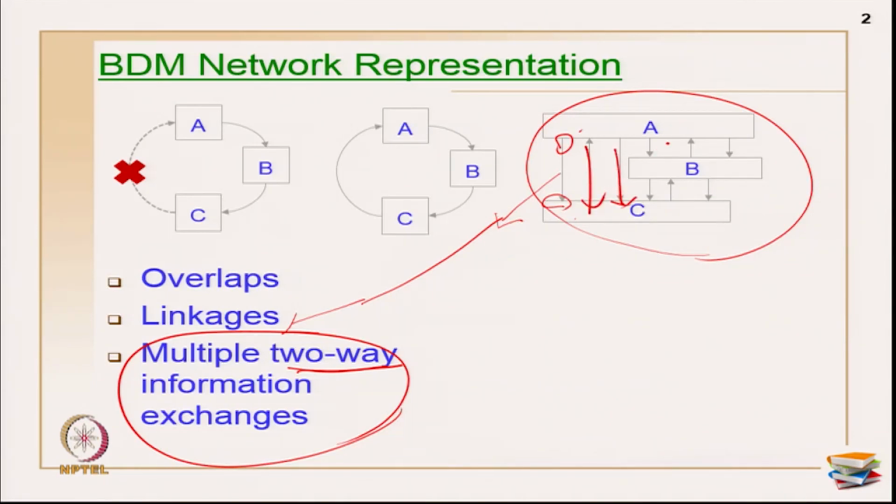I could represent all the relationships between any two activities. I am not having only one side of communication flows, I am actually having two-way communication flows. A can give information to B, and B can also give information to A. So it is multiple and also two-way information exchanges. So that is where we are in BDM.